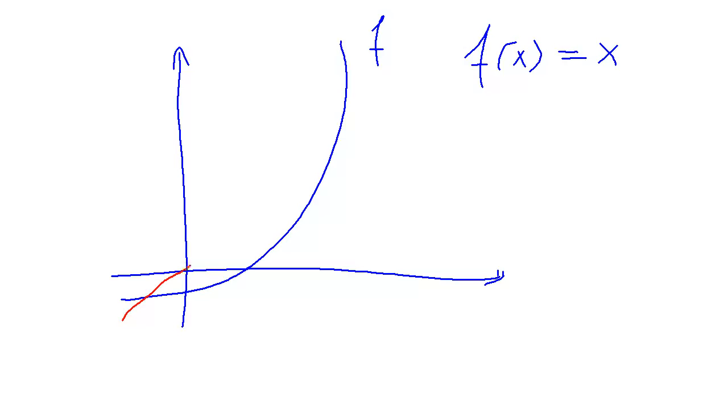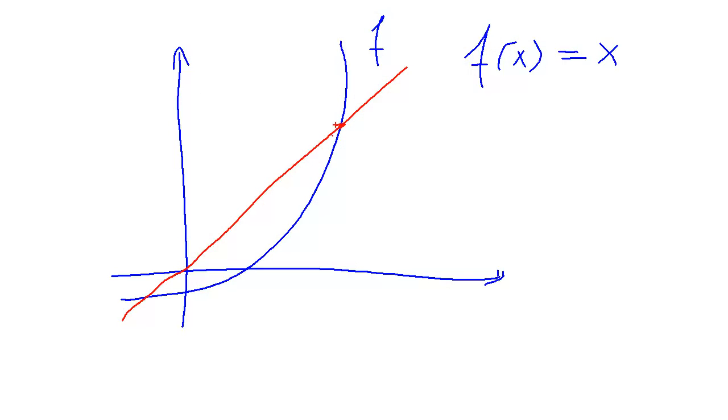We draw the first bisecting line, and I want to find this intersection. If this function is a polynomial, usually it's very easy to find an exact, algebraic solution. But if it's, for instance, some form of an exponential, you won't have an algebraic solution.